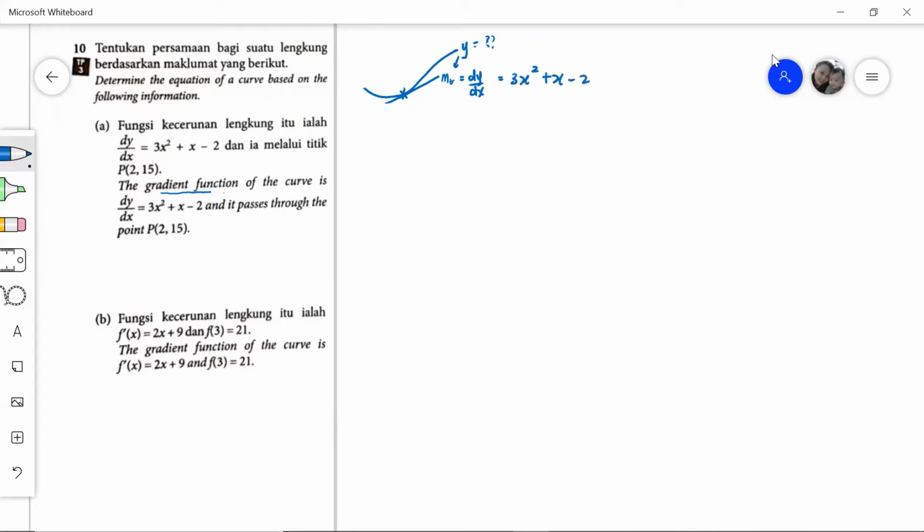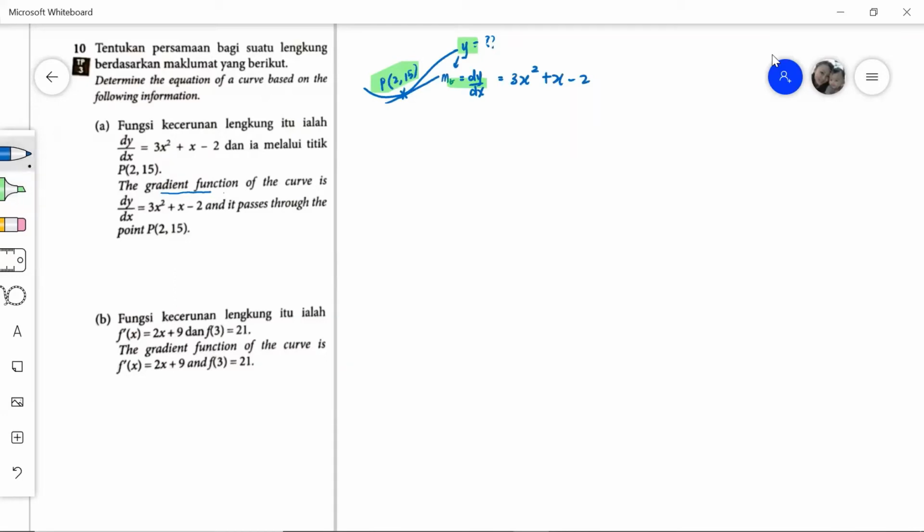Another important element is the point, (2, 15). These three are the important elements every time we want to solve a differentiation or integration problem which has something to do with the gradient function.